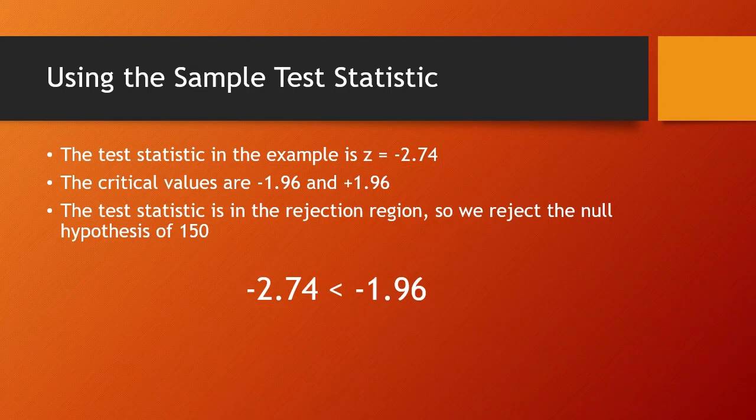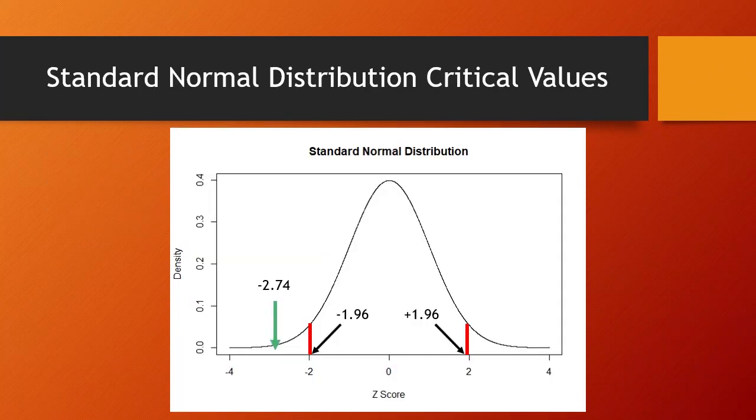The test statistic is in the rejection region in our example, so we reject the null hypothesis of 150. We calculated a test statistic of minus 2.74. We compare that to the critical values. Minus 2.74 is below minus 1.96, so we'll reject the null hypothesis. If we had obtained a test statistic that is above positive 1.96, we also would have rejected the null hypothesis.